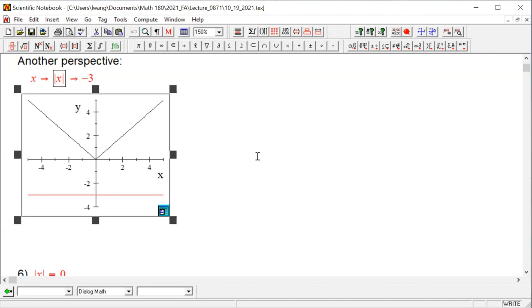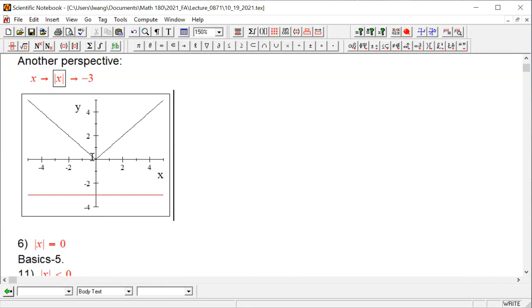This is the language of mathematics. Because there's no touch, there are no input-outputs, so for that output, you cannot find an input. That means there's no solution, because we're looking for the input such that the output is -3.